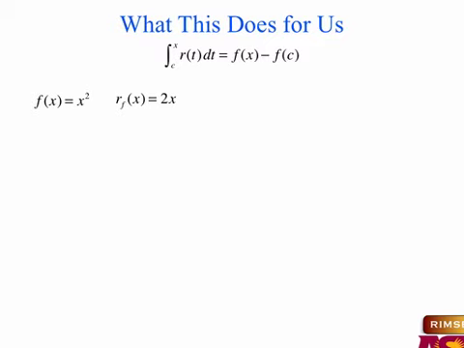So if this is a rate of change function, so tell me, what is this? So what did I just do here? What is that? Yeah, Autumn. The 3 is the lower limit and x is the upper limit.